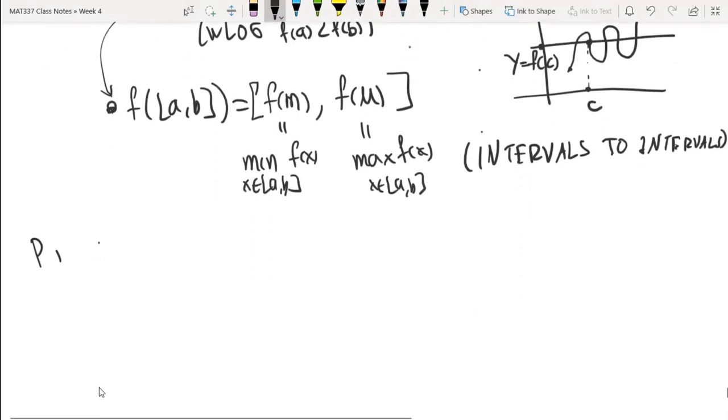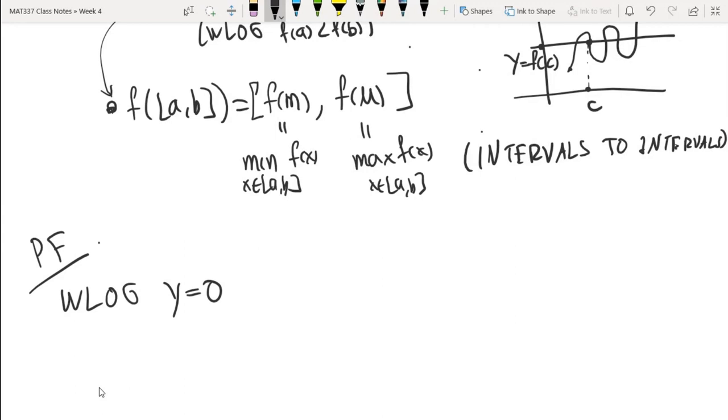All right, let's prove this. By shifting, so let me say it this way. Without loss of generality, y is 0, by shifting to a different function, f of x minus y.